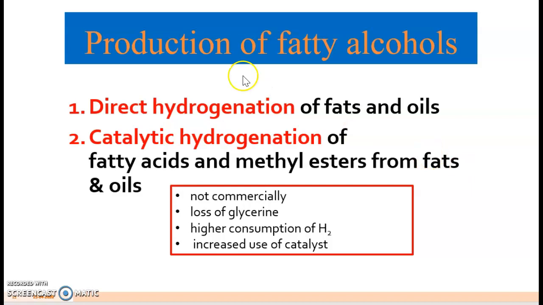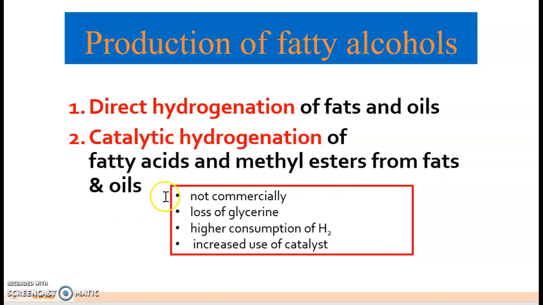Okay, so the production of fatty alcohols. Even though there is only one process for the production of fatty alcohol, we call it hydrogenation. So there are 2 ways: direct hydrogenation of fats and oils, or second, the catalytic hydrogenation of your fatty acid or fatty esters from fats and oil.